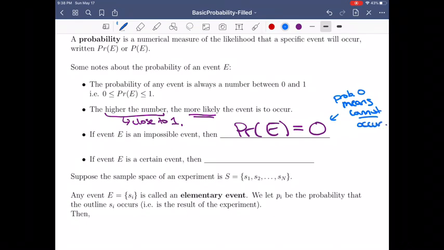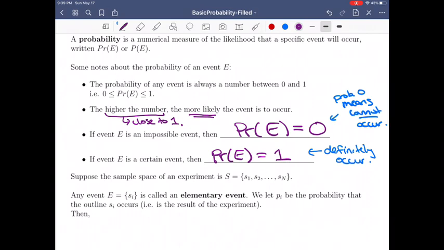That event is not possible, it's impossible. If you have a certain event, so that's when your event E contains every possible outcome, that means that it's definitely going to happen. So that means its probability is 1. These ones definitely occur. Those are the extremes, and every other event is in between those two.